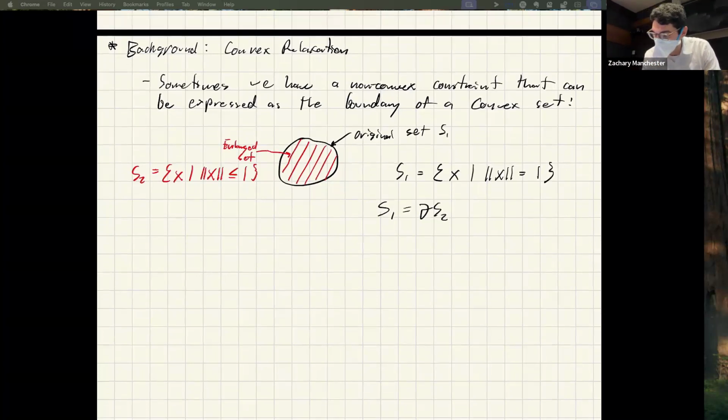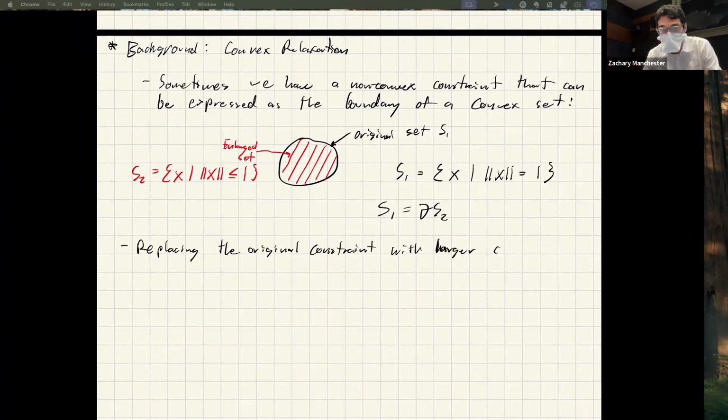But this idea of replacing the original non-convex constraint with the relaxed one, the bigger one, is called convex relaxation.